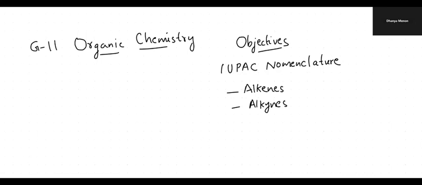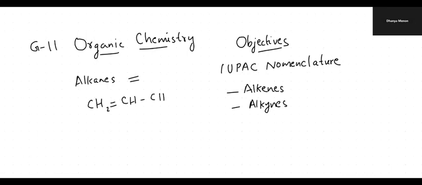Okay, now to start with, what are alkenes and alkynes? Alkenes are the hydrocarbons that have carbon-carbon double bonds between them. For example, if I write an example, CH2 double bond CH3.